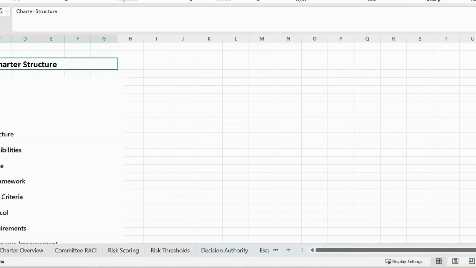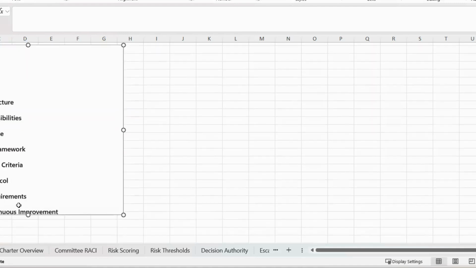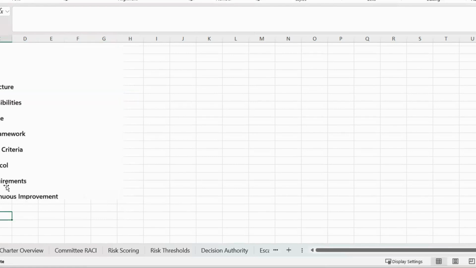A typical charter is made up of the purpose of the charter, the scope, the authority, the committee structure, roles and responsibilities, your meeting cadence, your risk decision framework, the risk acceptance criteria, your escalation protocol, the reporting requirements, and last, review and continuous improvement.